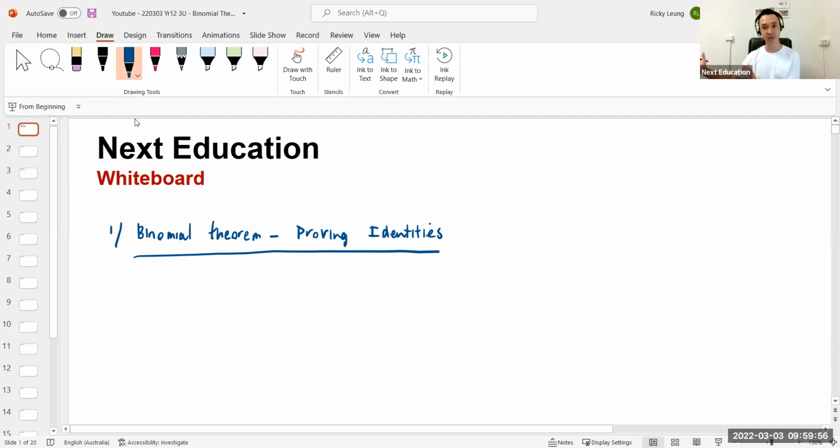There's proving identities, but prior to that, the introduction is done where you see questions where you find coefficients or the greatest coefficient. This part of the theory doesn't talk about that. It's assumed knowledge. So we're just dealing with the latter, proving identities, which I think is much, much harder.